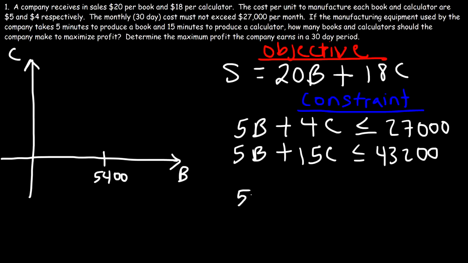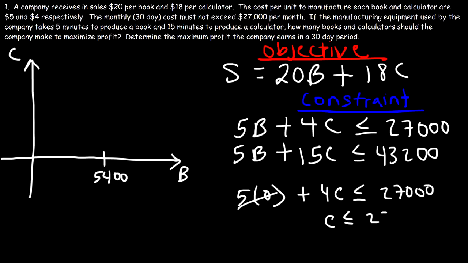Now let's replace B with 0 and calculate the value of C. So C is going to be less than or equal to 27,000 divided by 4. And so that's going to be 6,850.